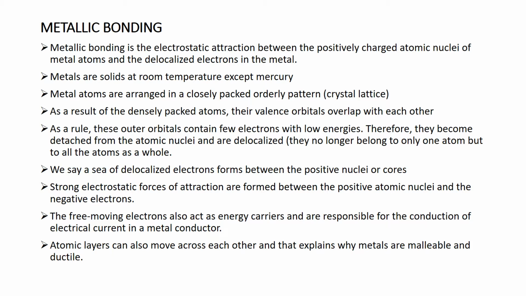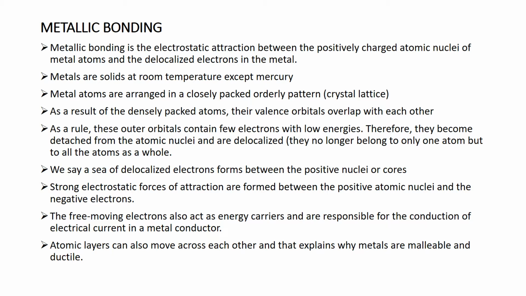Strong electrostatic forces of attraction are formed between the positive atomic nuclei and the negative electrons. So the electrons that move around the atomic nuclei form a strong electrostatic force. The free moving electrons also act as energy carriers and are responsible for the conduction of electrical current in a metal conductor.